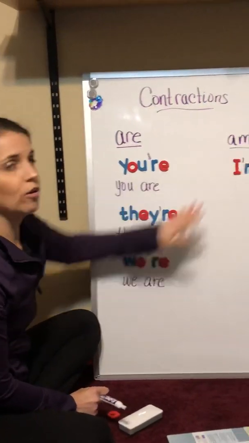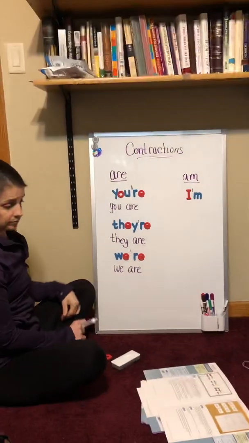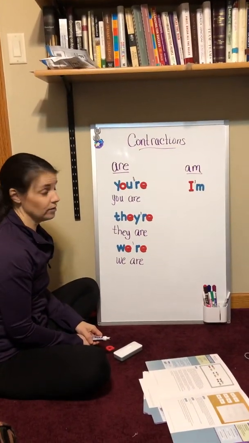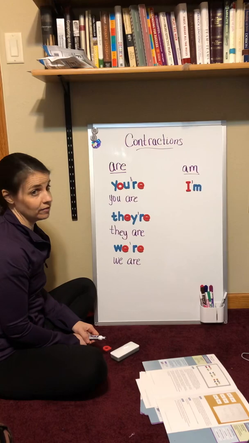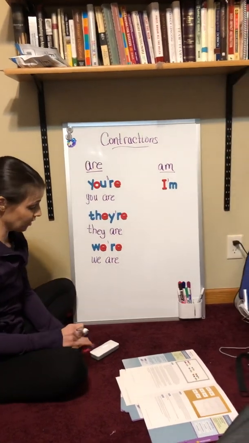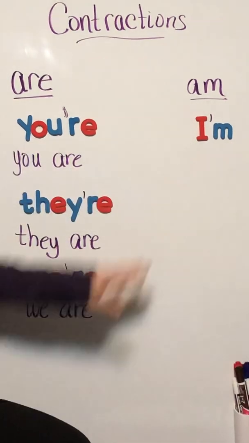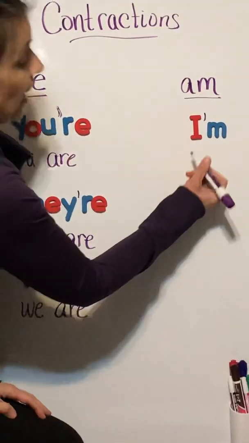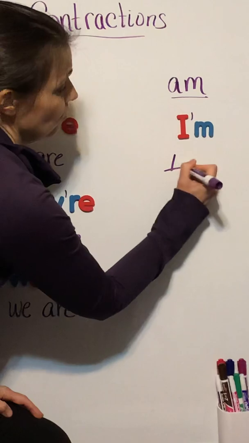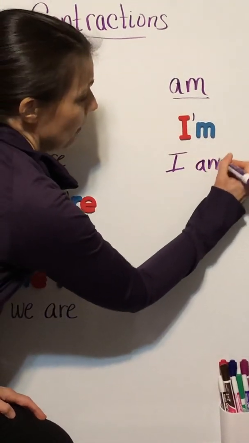The same is going to go for am. All right? You see the one word up there? That's the only word that we use a contraction with, the word am. But I want you to take notice. This I'm is a contraction for I am.